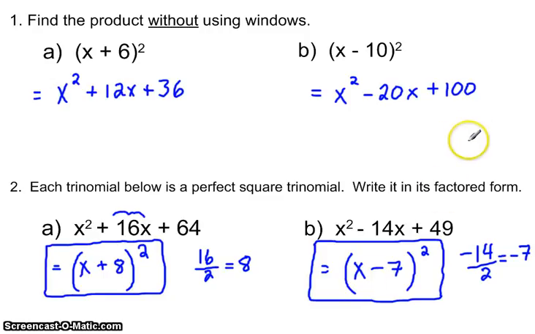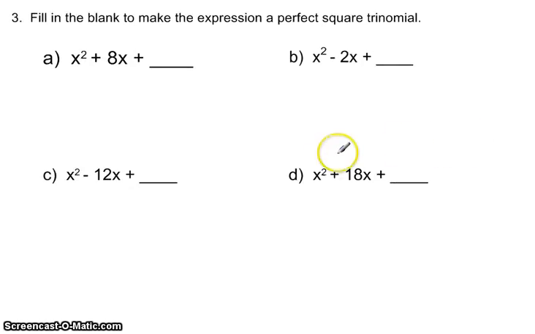Cool, one more question. So for number 3, it says fill in the blank to make the expression a perfect square trinomial. So with part A, it says x squared plus 8x plus what makes this perfect square? Well, it's really kind of a two-step process. Neither one is really hard.